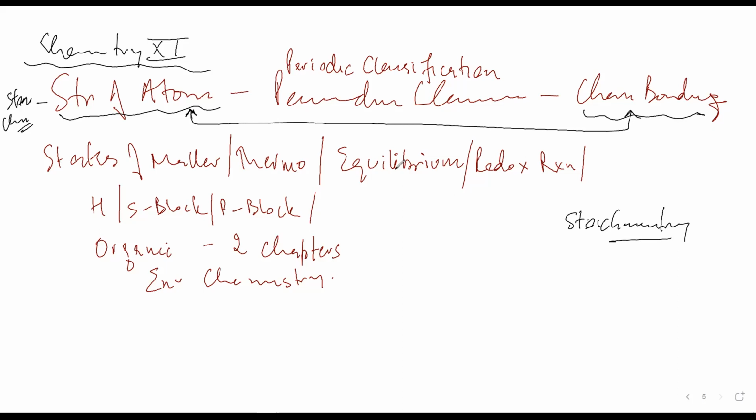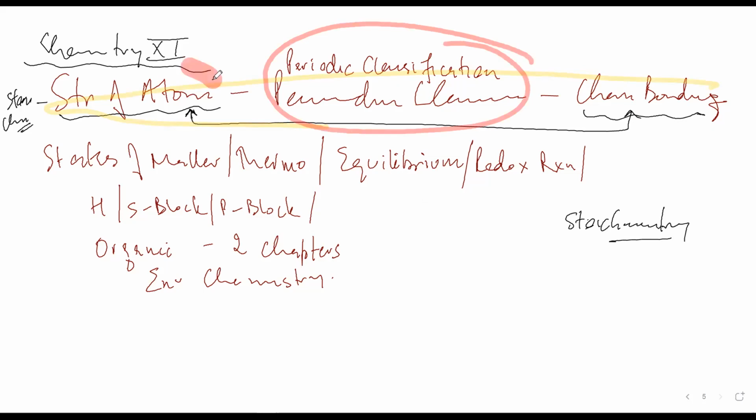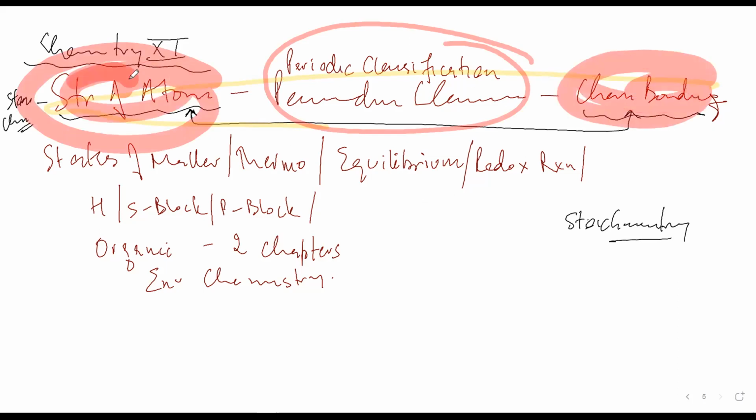Because see, what will happen is, once you cross these three chapters, periodic classification is a simple chapter. It is not a very tough chapter. But I usually see students suffering in structure of atom and chemical bonding. Here is where the most pain comes, okay?